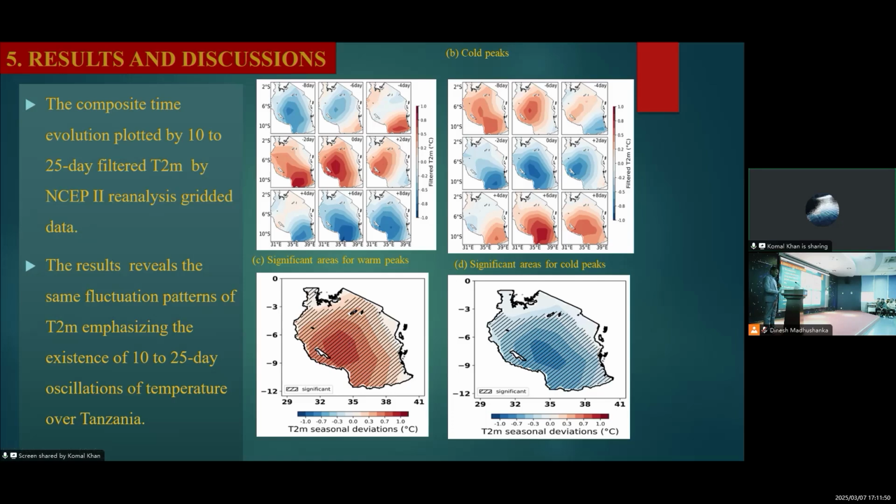As you can see, these lines indicate the areas of significance. And when we take the cold peak, we also get that most parts of Tanzania have significant variability. So it means that we have two peaks which significantly reflect the variability of temperature over Tanzania.